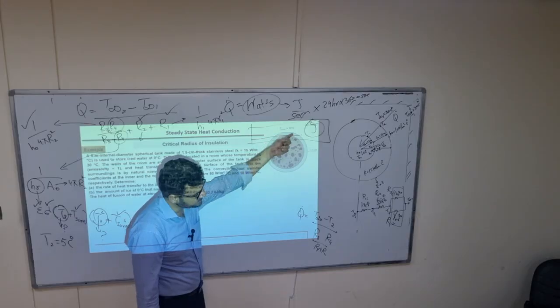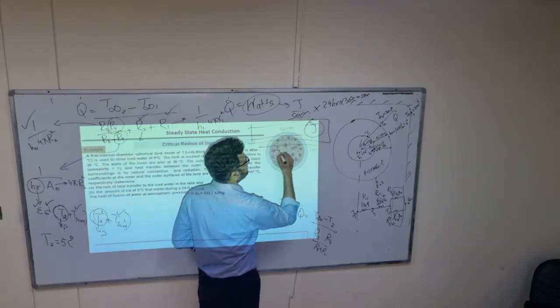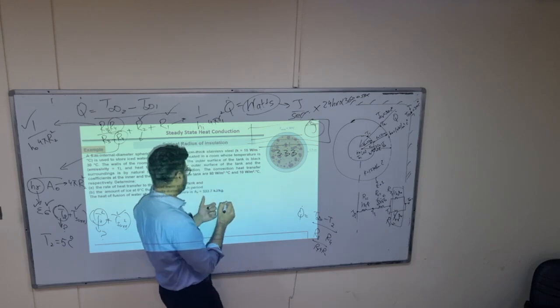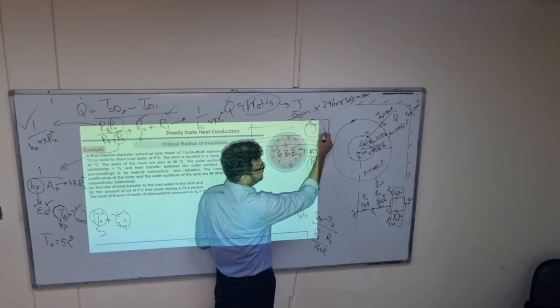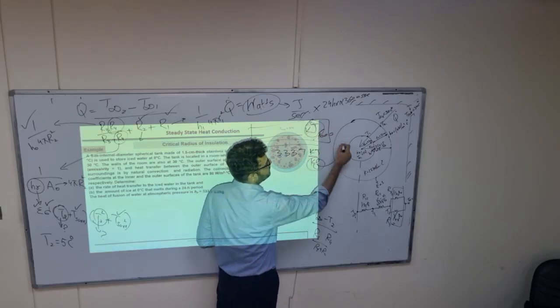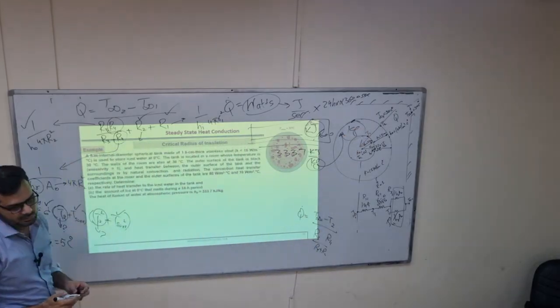And actually there is this much heat, so how many kilograms? So divide by 333.7 kilojoules per kilogram. The answer is in kilojoules, so this must be divided by 1000 to get kilojoules. So you can find the kilograms of ice which will be melted.